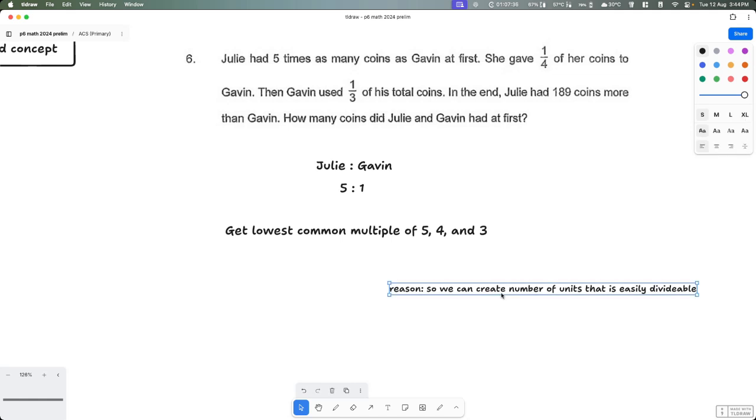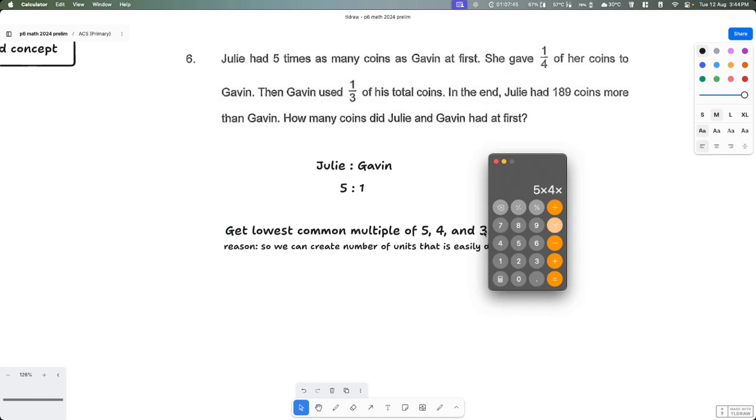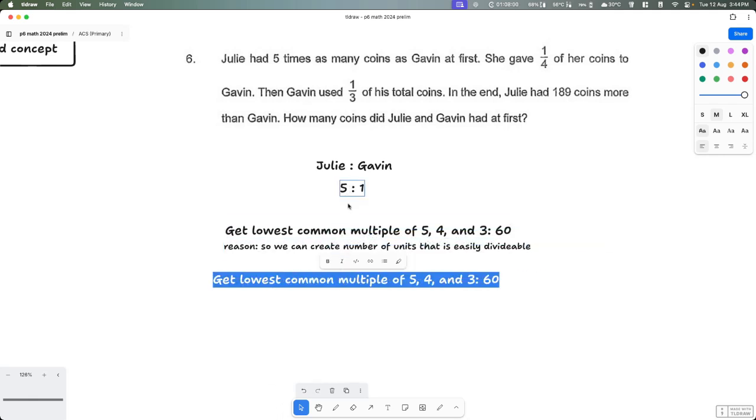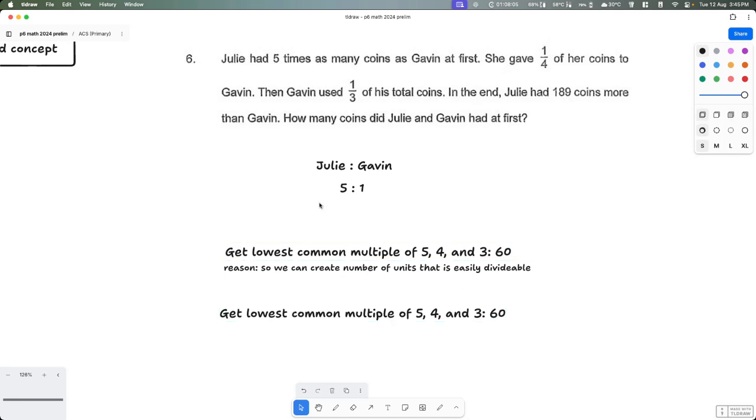So 5, 4, and 3, which is essentially just multiplying each other. 5 times 4 times 3 is 60. Right, so now from this, for Julie, we want to get 60. That means we multiply by 12 in this case, and this is also 12 as well.